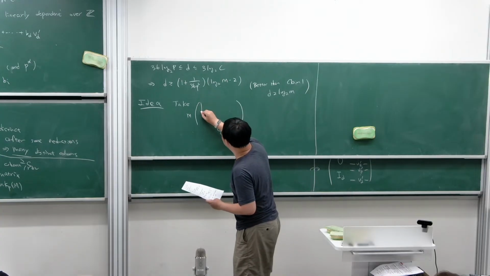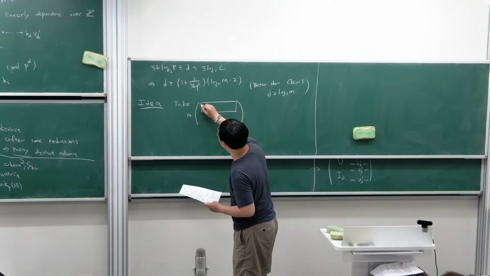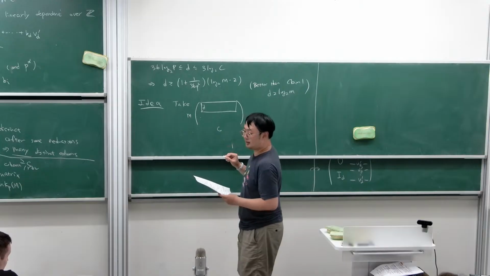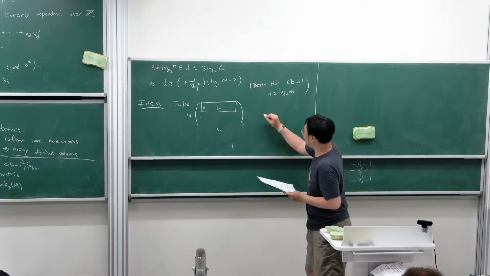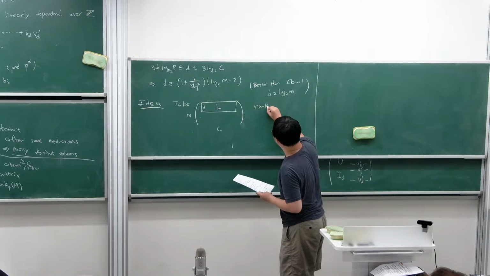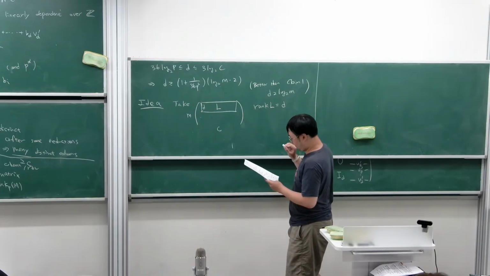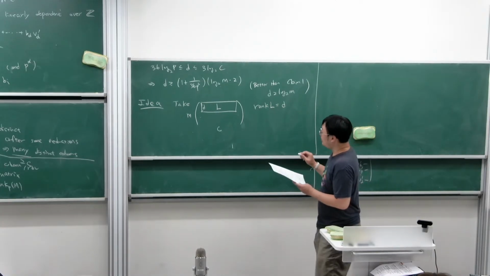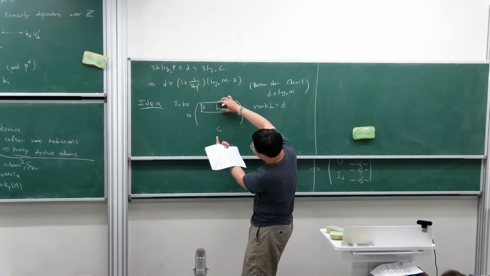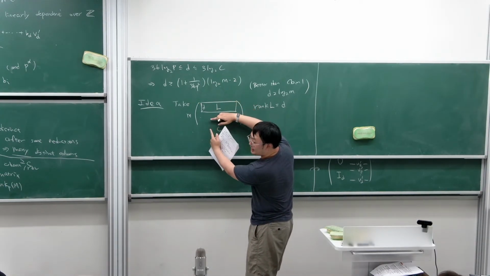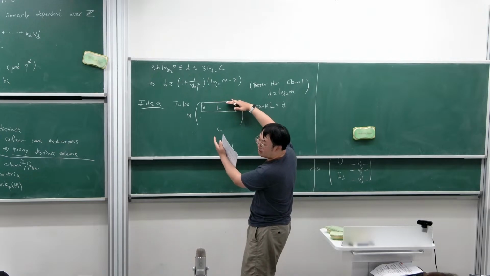I'm going to just pick d of them that is spanning, and call this new matrix L. So the rank of L is d. Then since these rows are spanning, we know the others are linear combinations of these d rows.